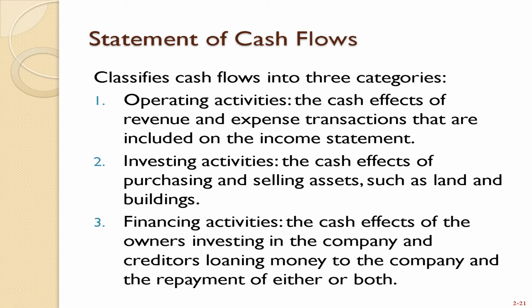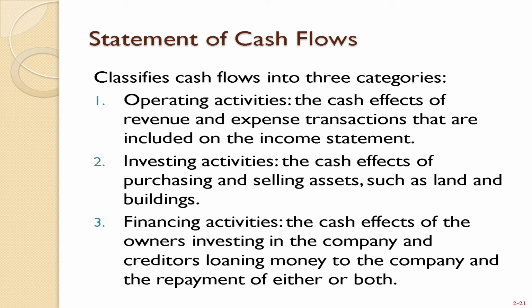The statement classifies the various cash flows into 3 categories: operating activities, investing activities and financing activities, and it relates these categories to the beginning and the end of the cash balance. Cash flow from operating activities is the cash effect of revenue and expense transactions that are included in the income statement.